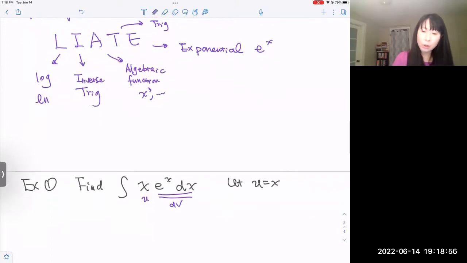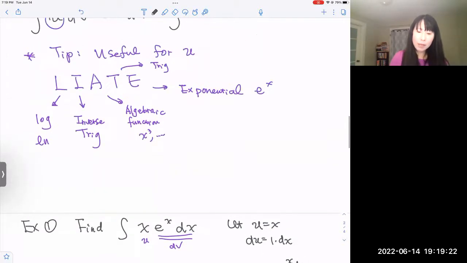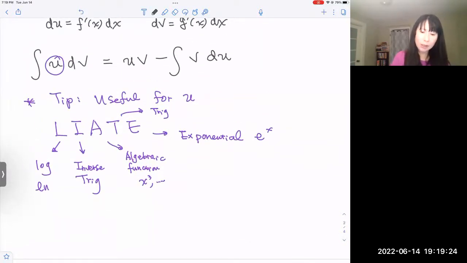So how do we do it? Let me show you. Derivative, what do you get with the derivative of x? 1 times dx, good. How about dv, which is e to the x dx, right? But the formula said we have to have a v.